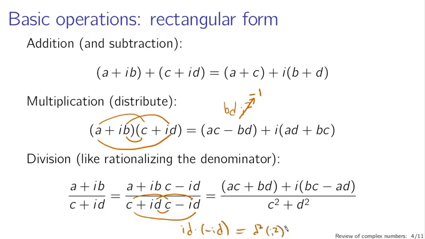So i squared times minus 1, and i squared is minus 1. So I have minus 1 times minus 1, which is just 1, so I can ignore that. I've just got d squared. So what I end up with in the denominator is just c squared plus d squared.